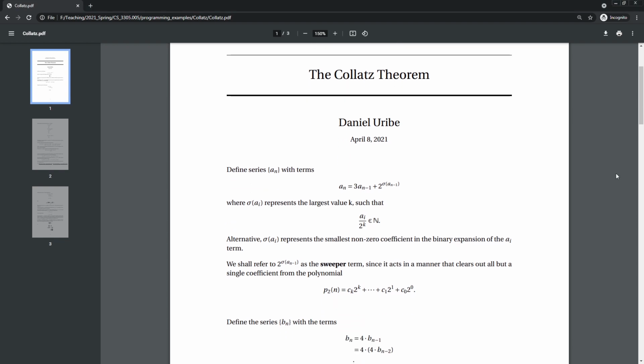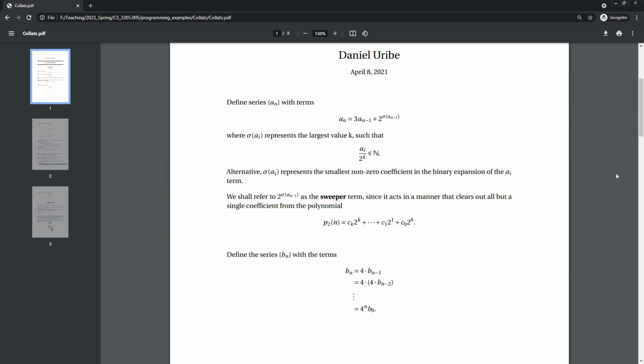Okay, so we spent that time discussing Collatz, and we know that we want to show that the sequence always halts. And so we'll begin by straight away defining an alternative sequence.